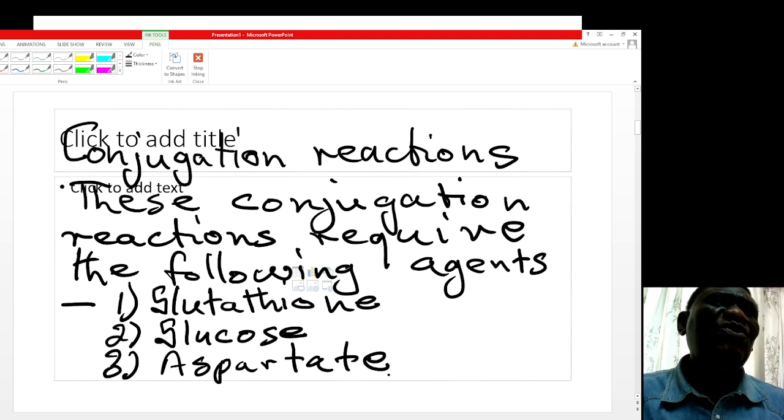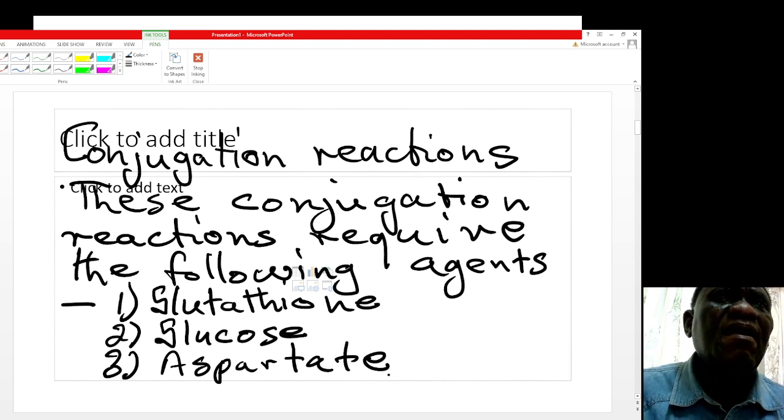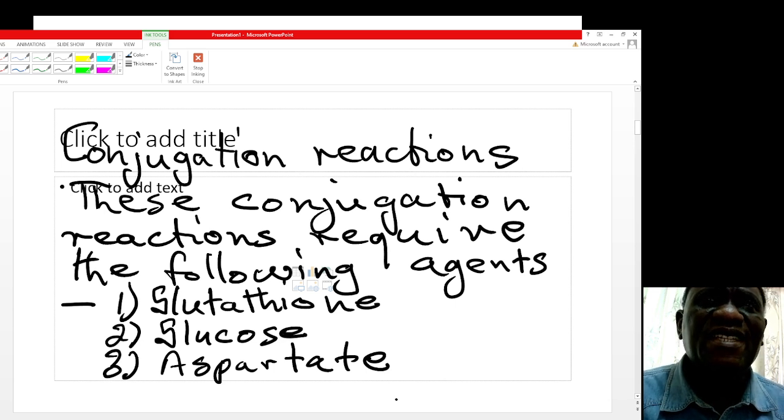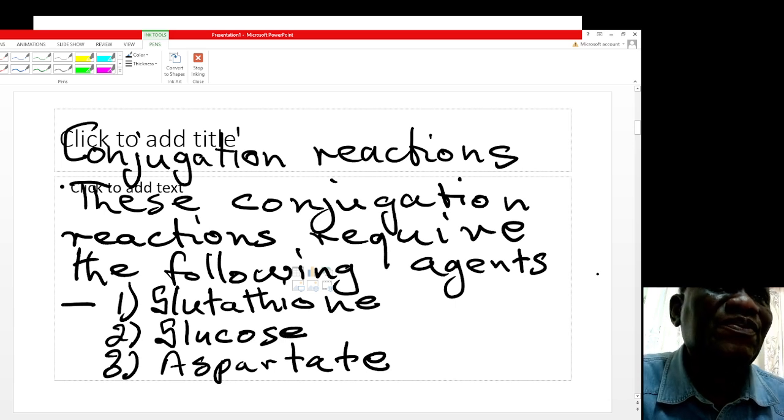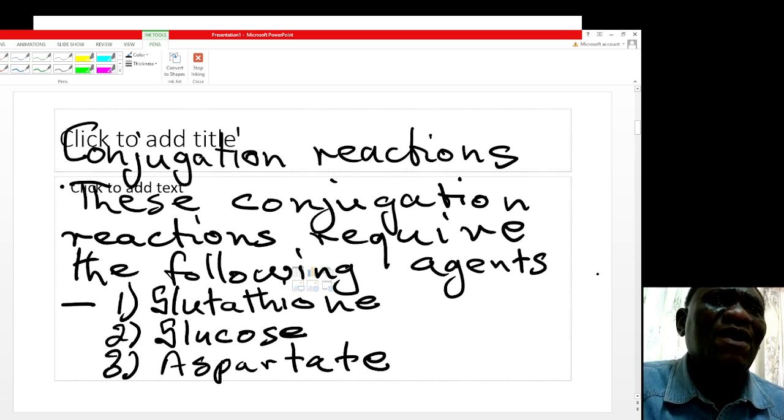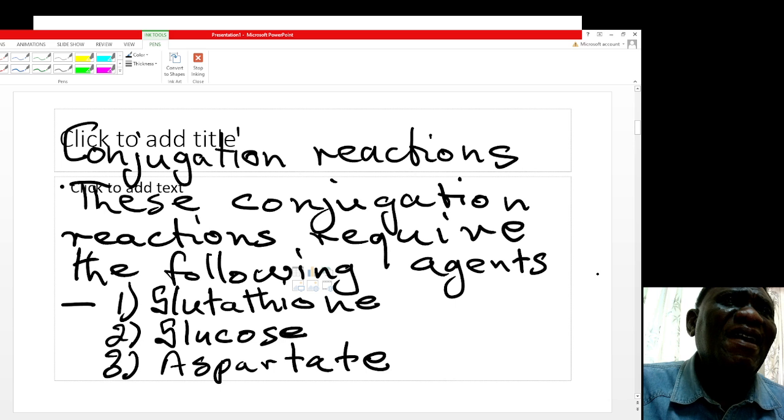So what we are going to do is to explain how each of those agents plays its role in changing herbicide metabolites.